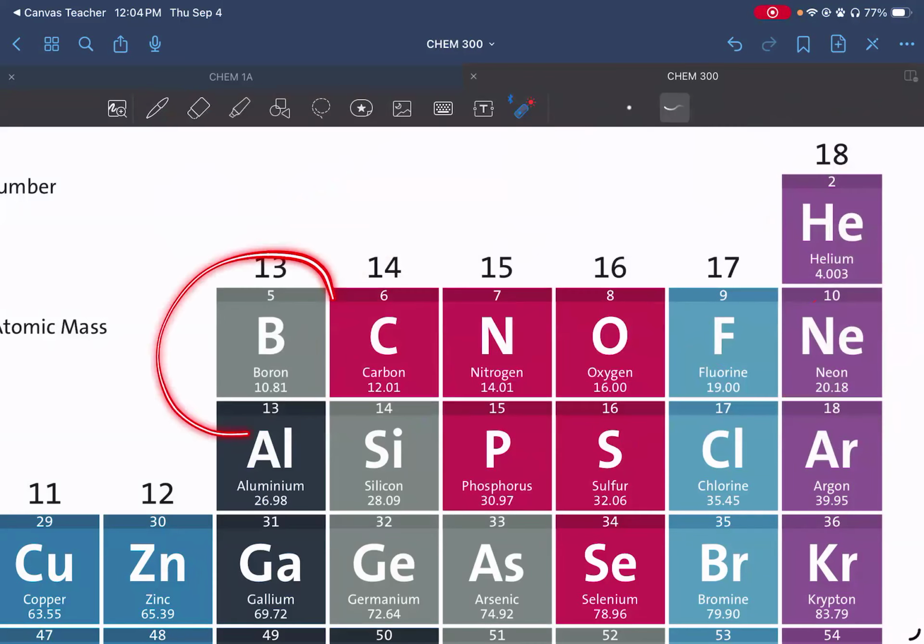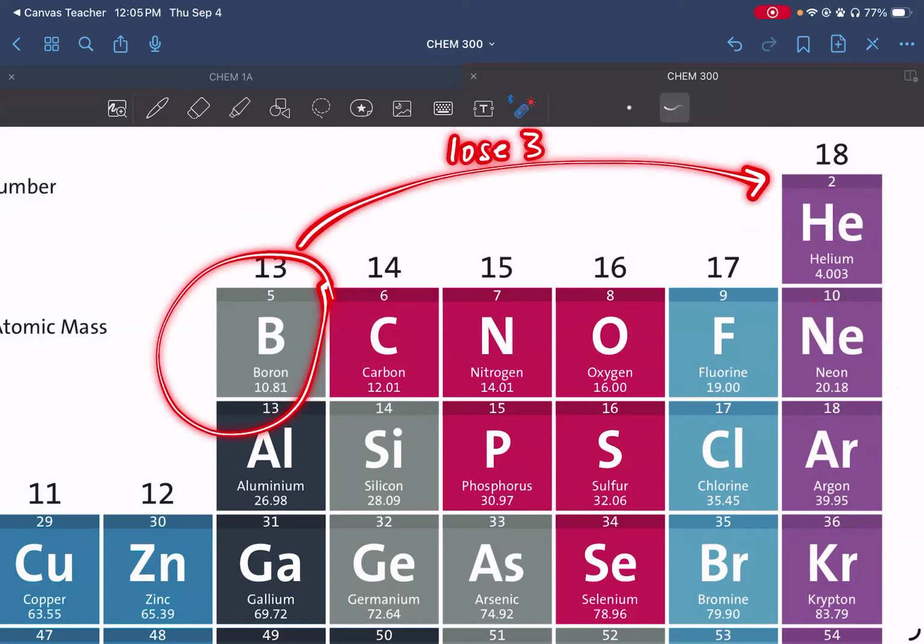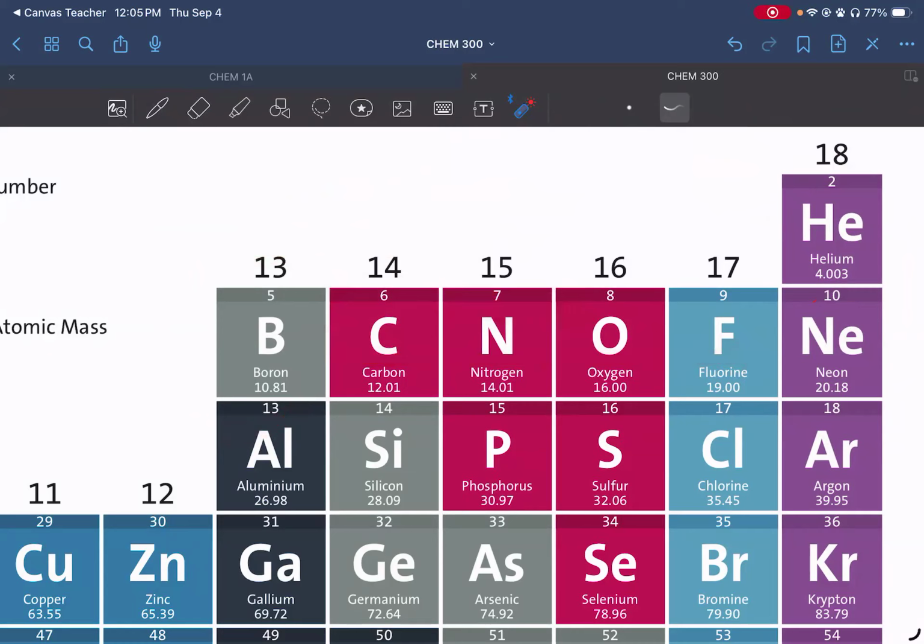If we look, for example, at boron, boron can either lose 3 electrons to look like helium, or it can gain 5 electrons to look like neon. At this point, the numbers game tells us it's easier to lose 3. By losing 3, you become a +3. Any other questions on this?